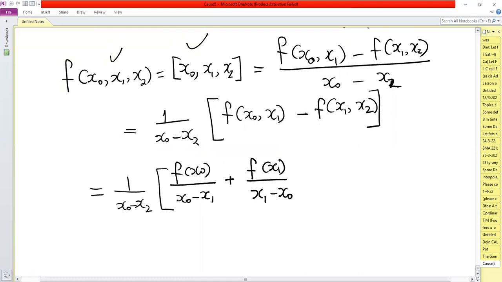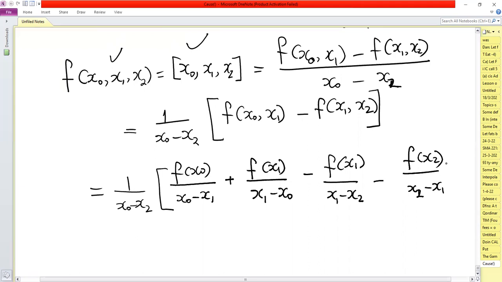And then when you define this one, because of this factorization of negative, we'll have negative f of x1 over x1 minus x2 plus negative f of x2 divided by x2 minus x1. So this is the same definition of the second divided difference of the arguments x0, x1, x2.